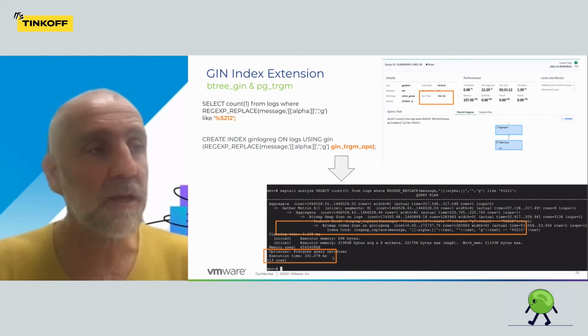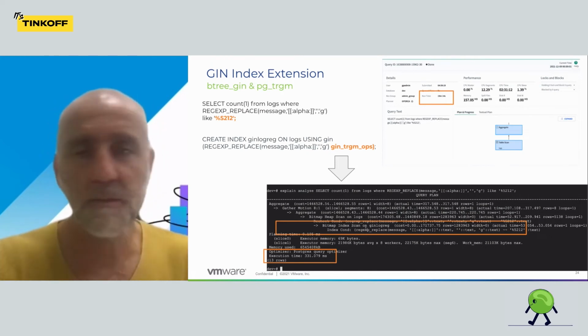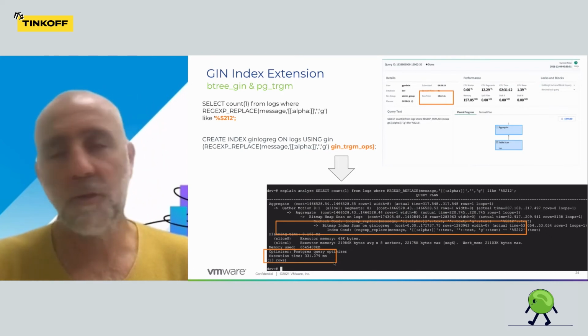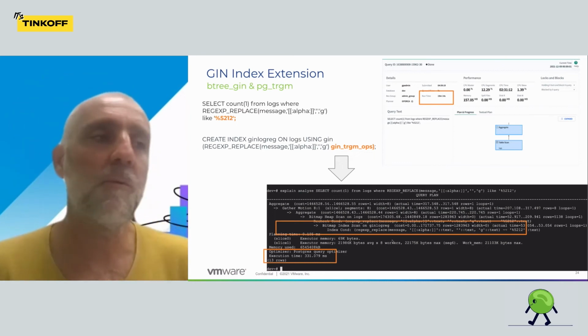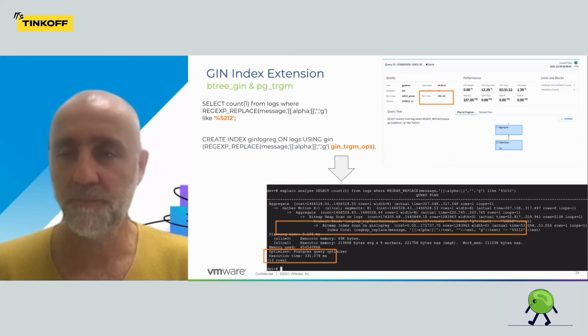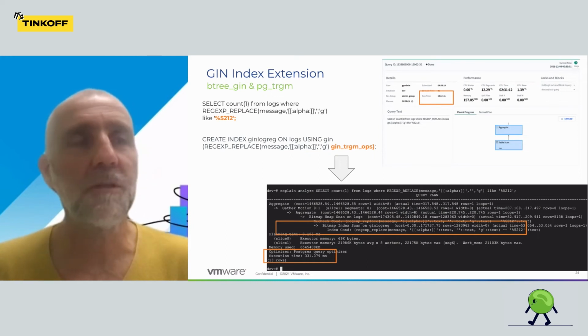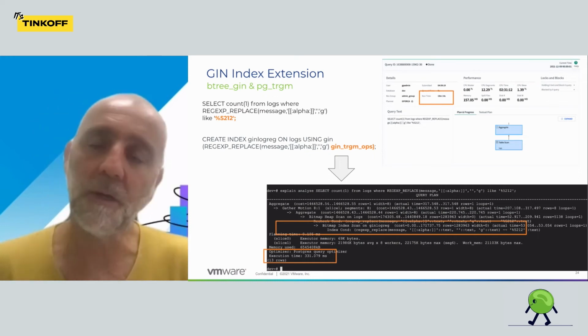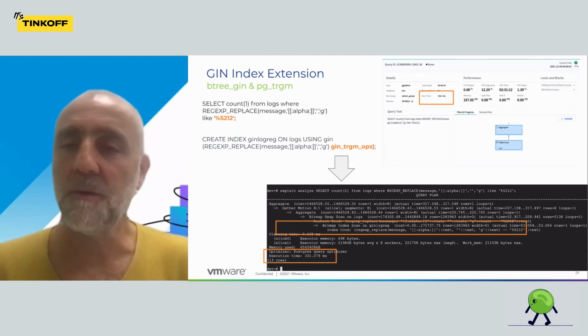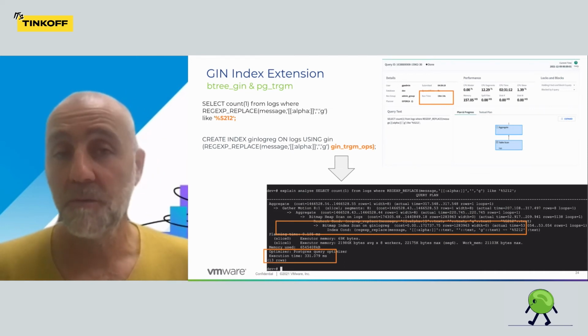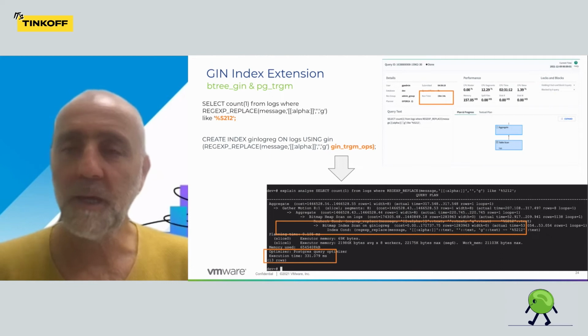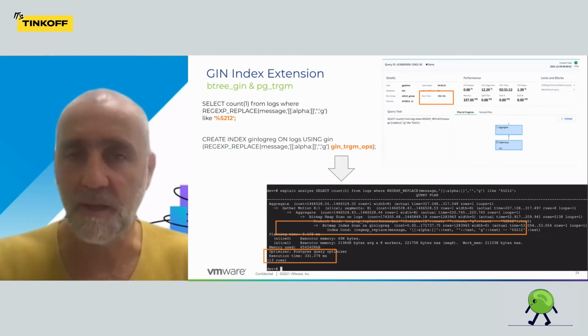And guess what? The same query used the index, okay? And the same query was running in 330 milliseconds. Okay, so I moved from 20 minutes to below, I would say, 500 milliseconds. By using this type of index, we are very efficient, especially when you have to query text.